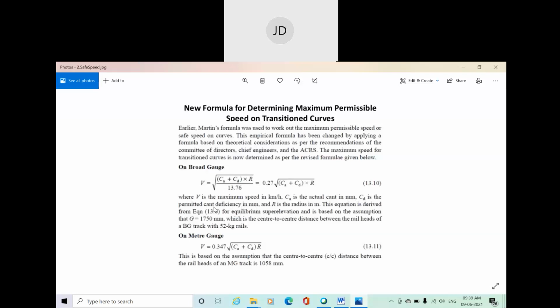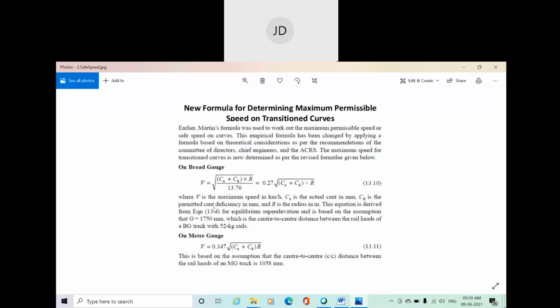If a particular train is moving along a particular track with a speed higher than the safe speed, that means higher than the permissible speed, then there is a deficiency in the super elevation. Whatever super elevation is provided in the field is related to some safe or permissible speed of the train.